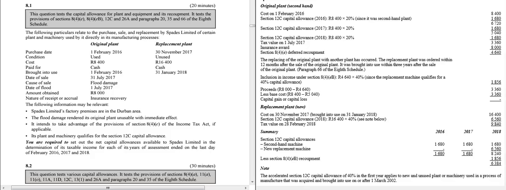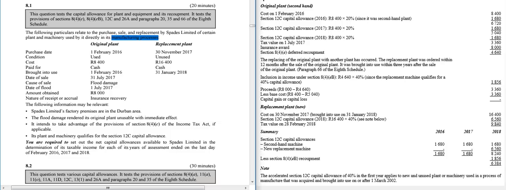Okay, so let's have a look at the solution. We've got this asset which we bought on the 1st of February 2016. In other words, that is in the 2016 year of assessment ending end of February 2016. Because it is a manufacturing process, this asset will qualify for a Section 12C capital allowance. Now what is a Section 12C capital allowance?